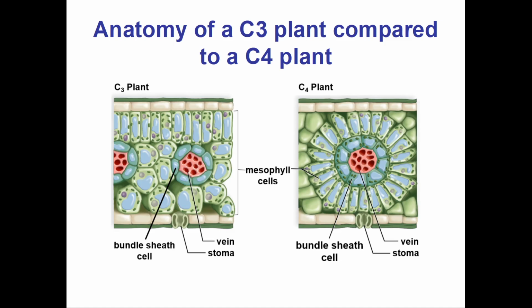In C4 plants, our mesophyll cells completely surround these bundle sheath cells. The oxygenated environment that surrounds the mesophyll cells cannot make it to the bundle sheath cells, therefore protecting that rubisco from oxygen poisoning.